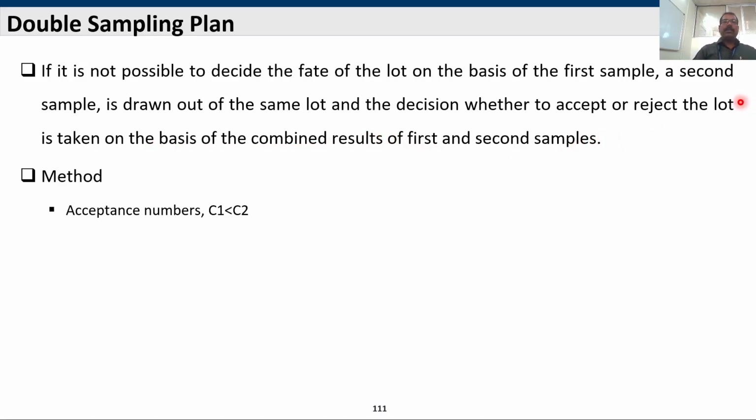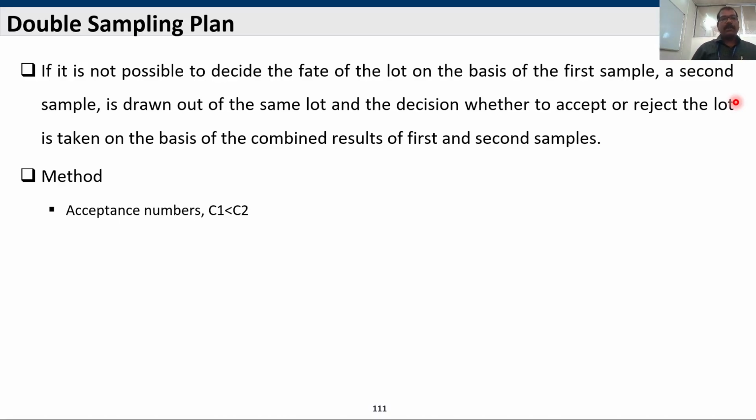So, in the single sampling plan, what you've done, you've taken a single sample, tested, and made an accept or reject decision. Accept means no issues, accept the whole lot. Reject means each and every part or component in that lot needs to be inspected and replaced with the correct one if there is a mistake, then accept everything.